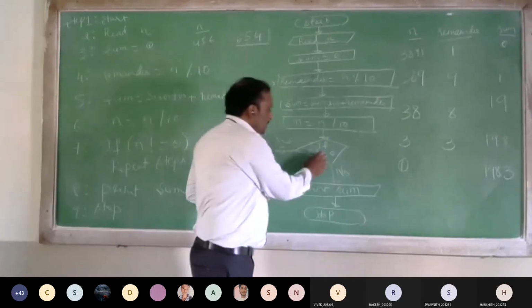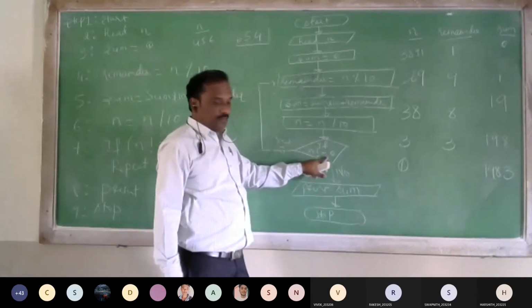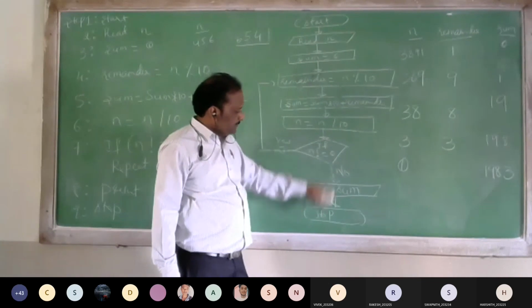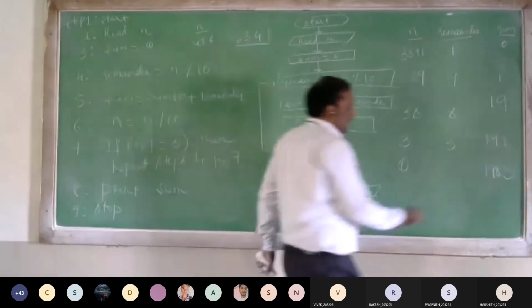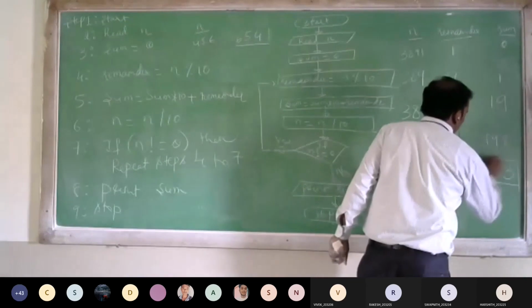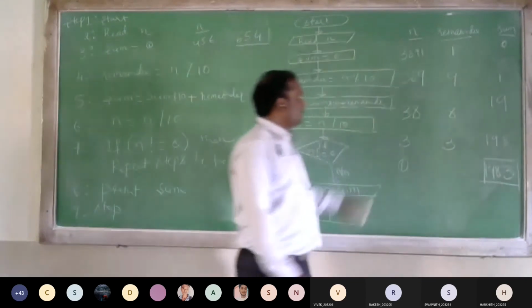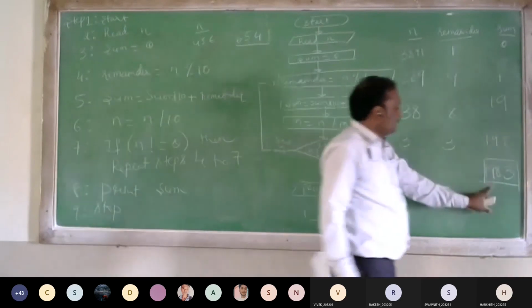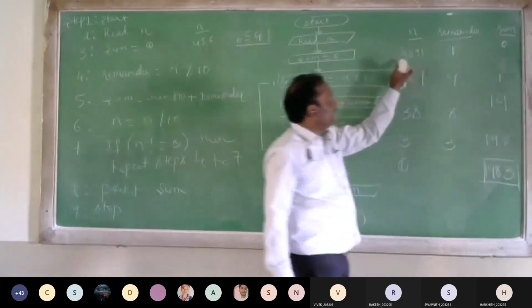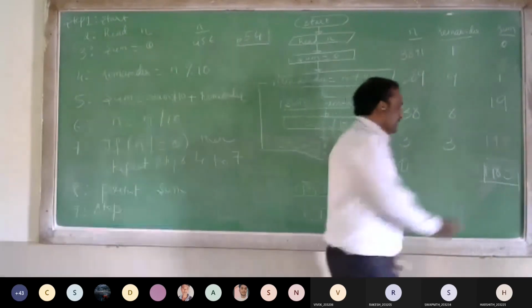Is 0 not equal to 0? False. False means no. Follow this path. Print sum. So what is the sum it is containing? 1983. What is the number we have taken? 3891. But we have got 1983. So this is the reverse of a number.